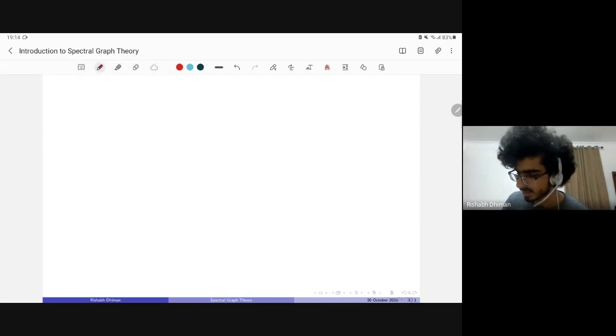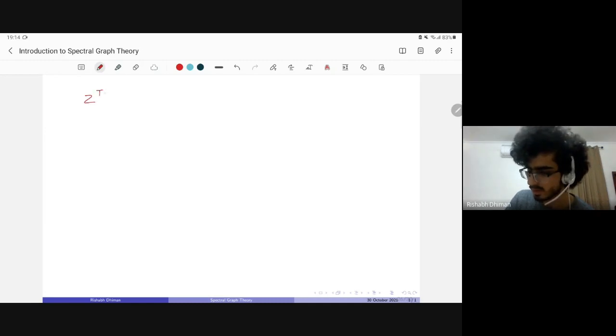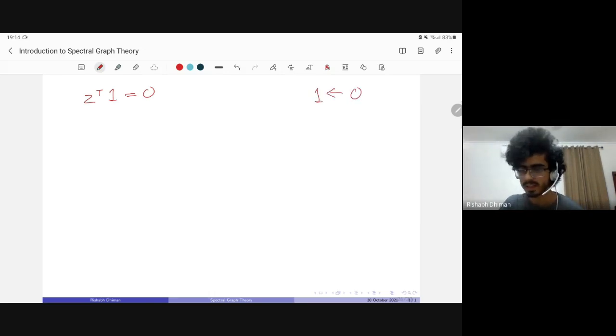I'll say another thing. You have Z. This is orthogonal to the all ones vector. This is true because of the spectral theorem, because we know that the all ones vector has the eigenvalue 0. And the spectral theorem said that whenever you have these eigenvectors, they will be orthogonal to each other.